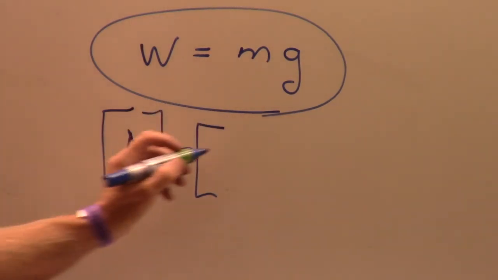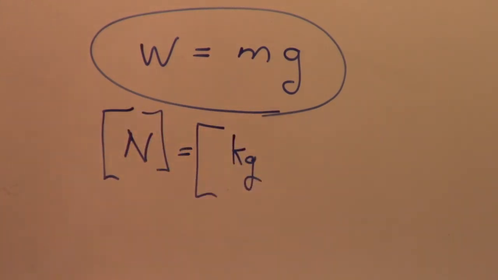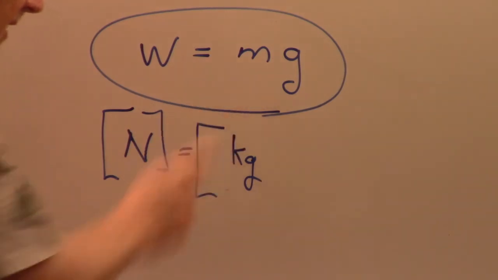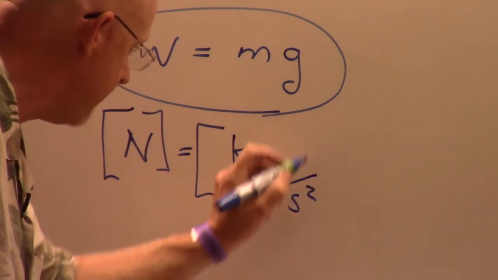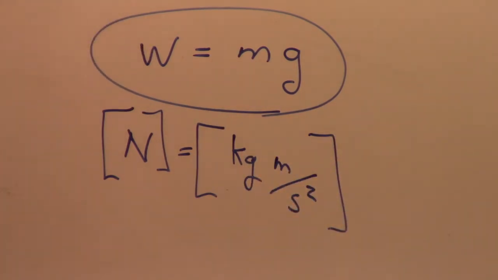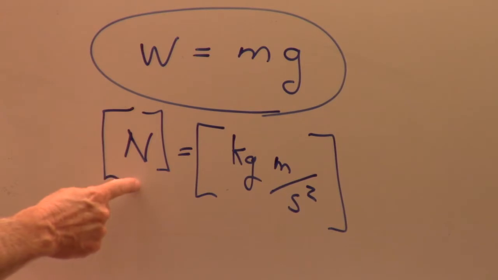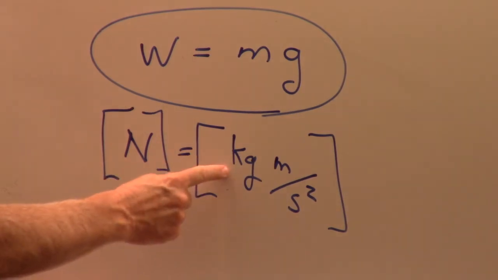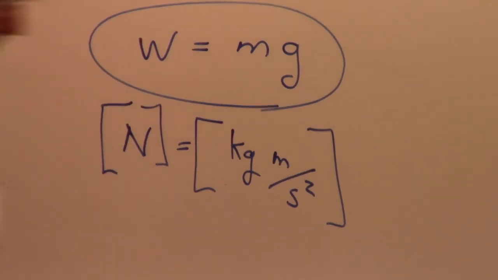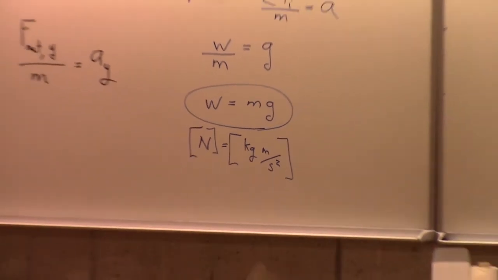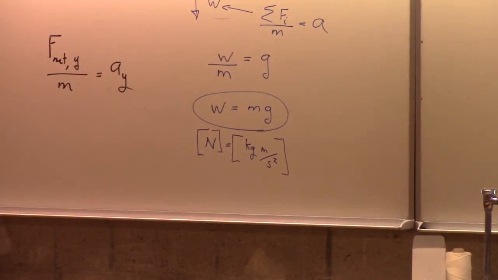If we measure the mass in kilograms, and the acceleration in meters per second squared, this illustrates what I said an hour ago, that the unit of a Newton is a kilogram times a meter per second squared. All right, well, like I said, after the break we're going to get into the numbers. But right now I just want to do the pictures.